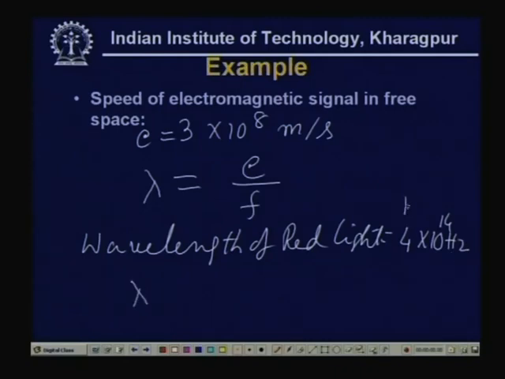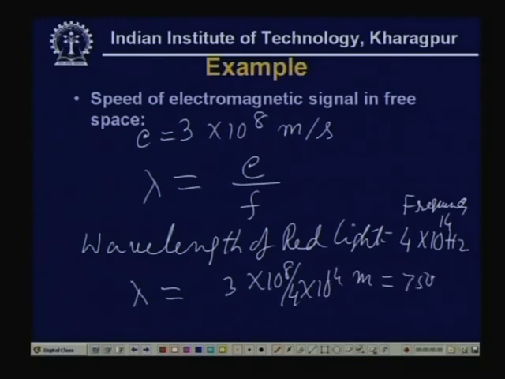This is the frequency. What is the wavelength of red light? Lambda is equal to 3 into 10 to the power 8 by 4 into 10 to the power 14 meter. That is equal to 750 nanometer. So, you see the frequency is very high, but the wavelength is small for red light.